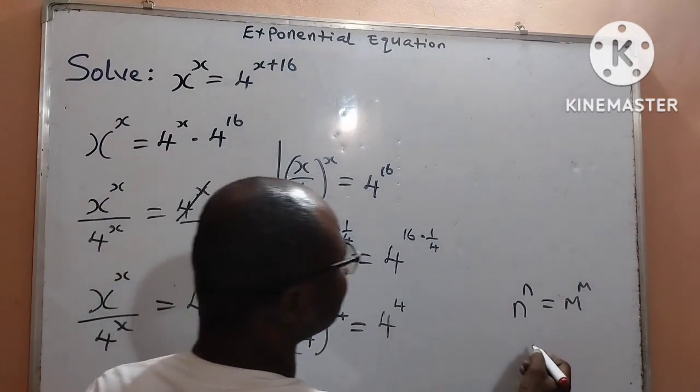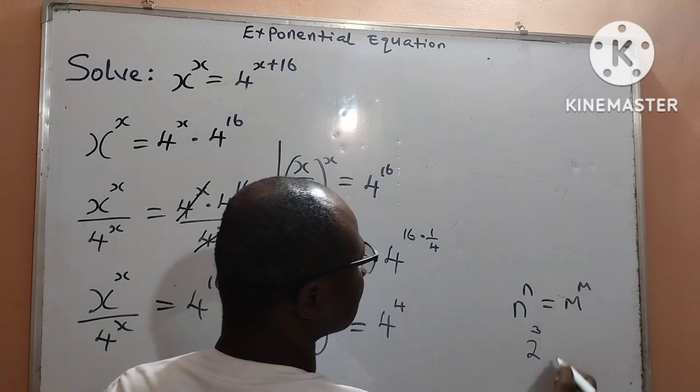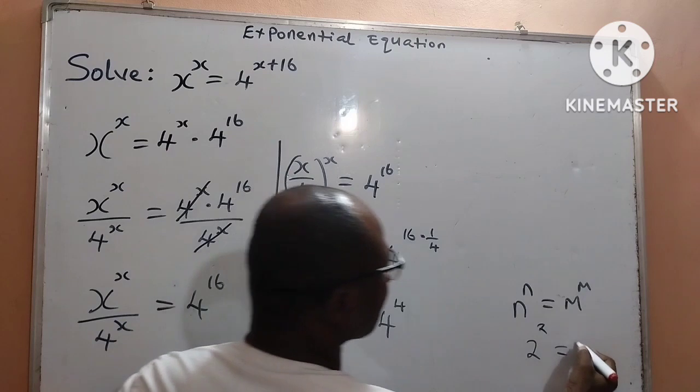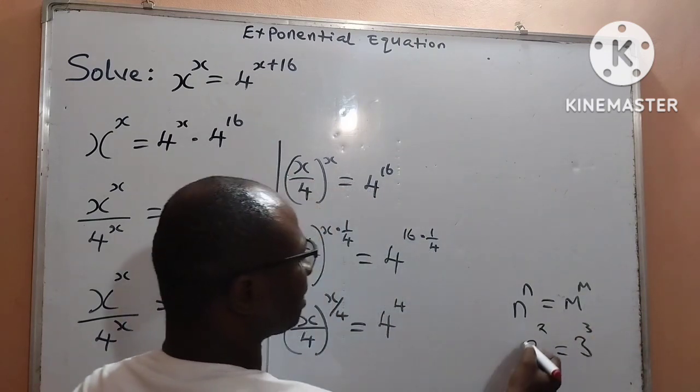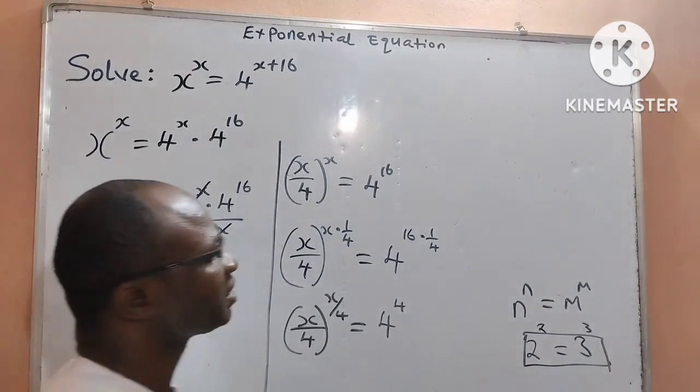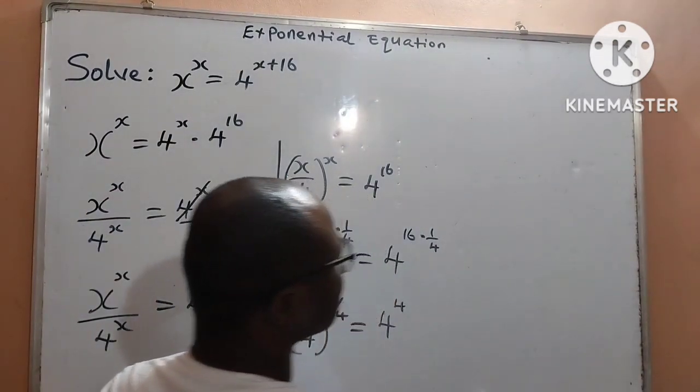Okay? If I have 2 to the power of 3 equal to 3 to the power of 3, it means that the bases are equal. Okay? We conclude it like that.